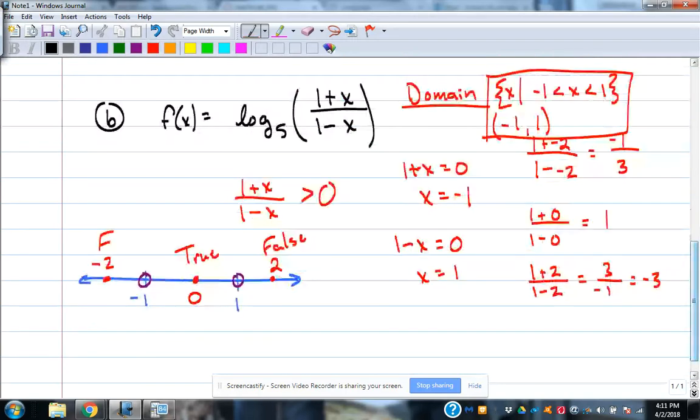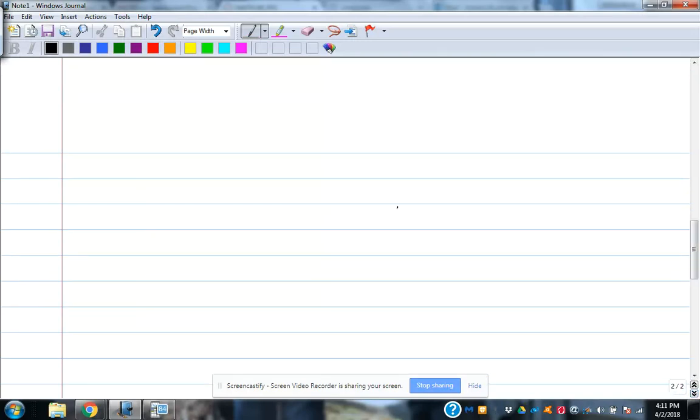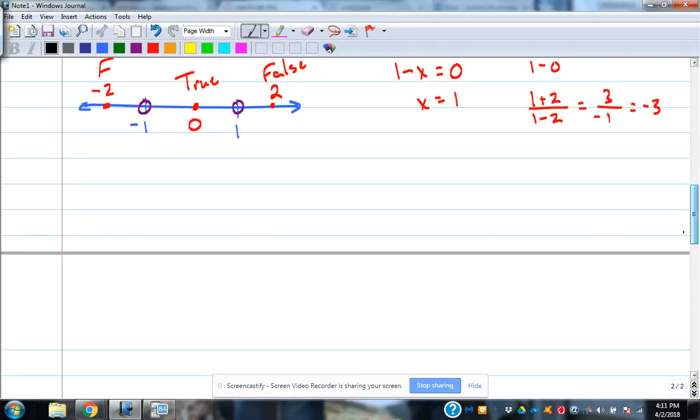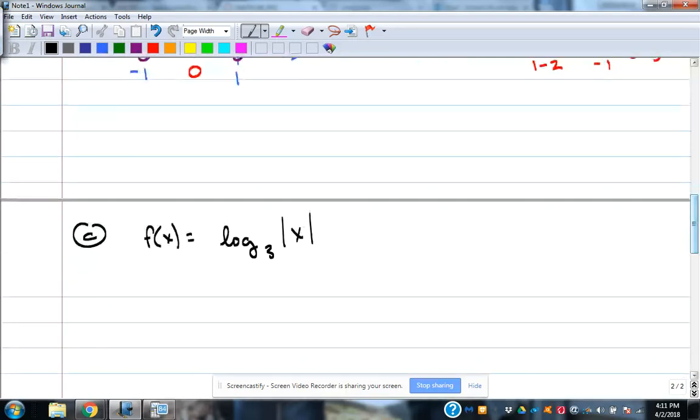Another exceptional one would be, maybe we had an absolute value, we were taking the log of f of x equals log base 3 of the absolute value of x. Really nothing else in there with that. So when we're looking at absolute value, we're setting up an inequality.